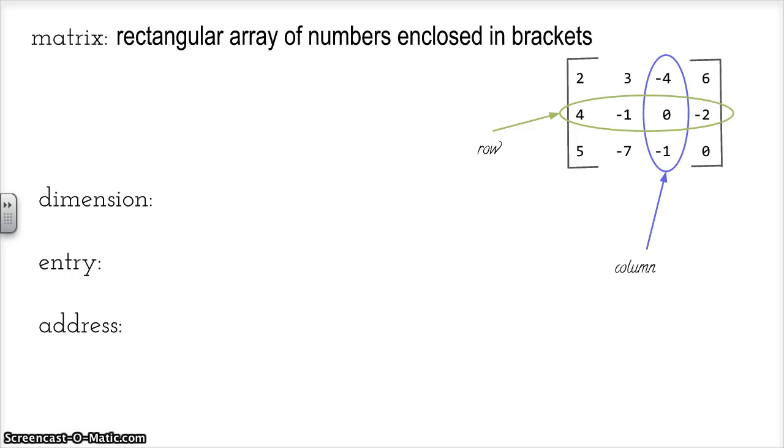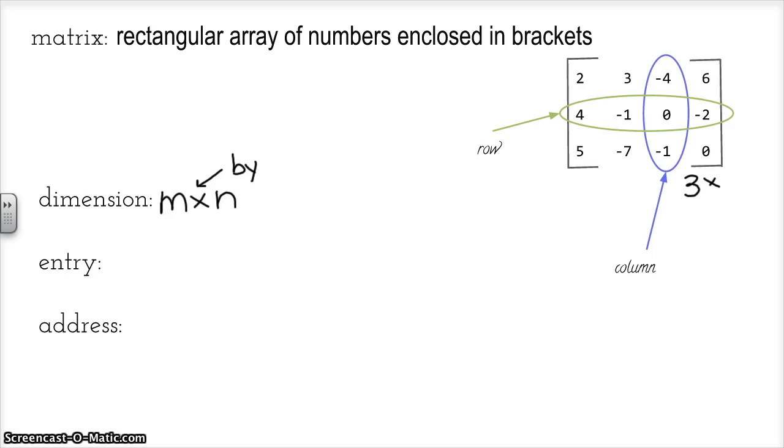There's some other keywords for matrices that we need to talk about. First one is the dimension. The dimension is given as m by n, and that x is pronounced "by." So when we read m x n, we actually say m by n. It's called an m by n matrix. This example right here is given as a 3 by 4.